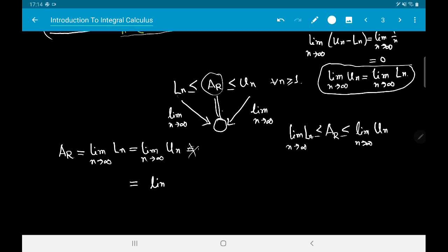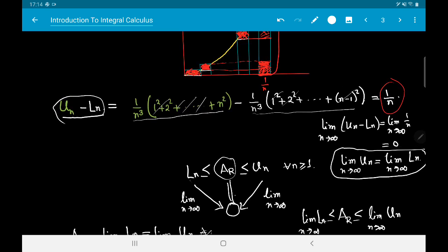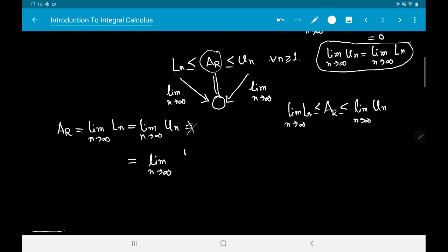So what do we have here? This is the limit as n tending to infinity of un. We do have an expression here for un. So un was 1 by n cubed times 1 square plus 2 square plus and so on up to n square, and we know an expression for this sum.